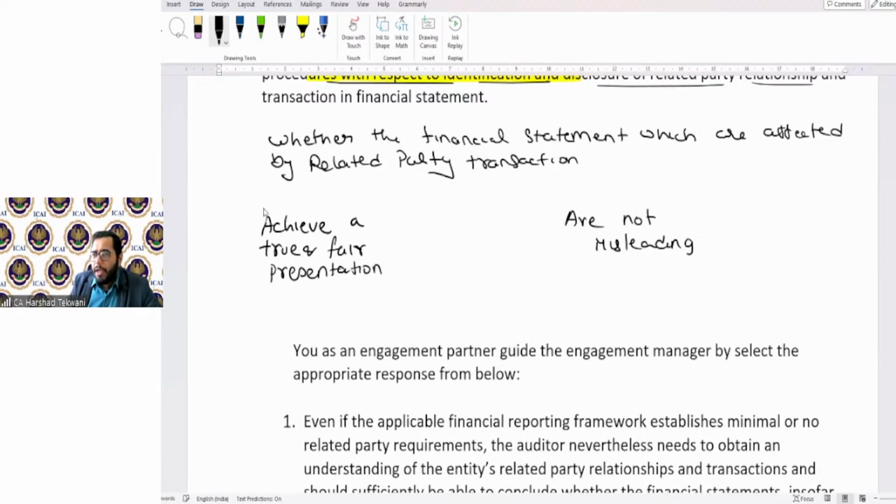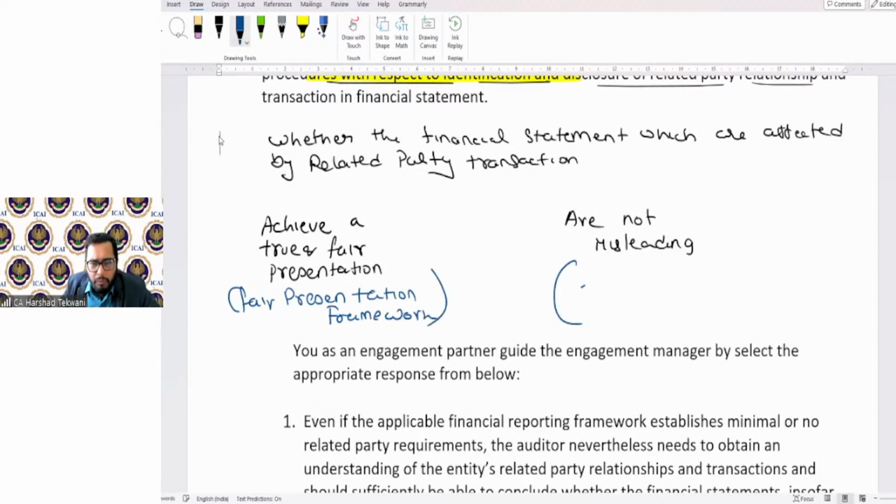So usually we call it the fair presentation framework and the compliance framework. So we ensure whether the fair presentation framework and compliance framework have been achieved with respect to the related party transactions.